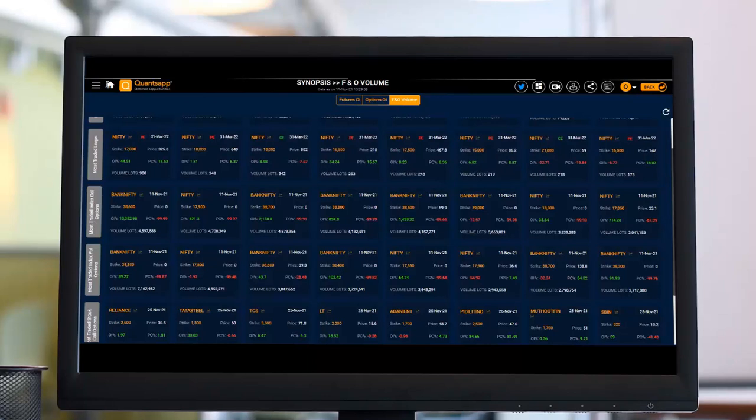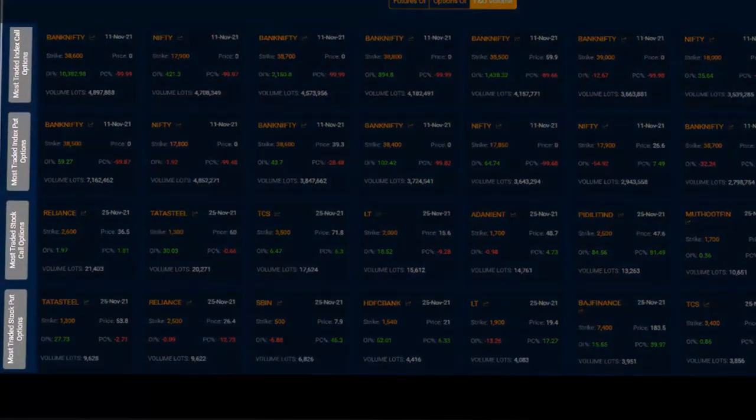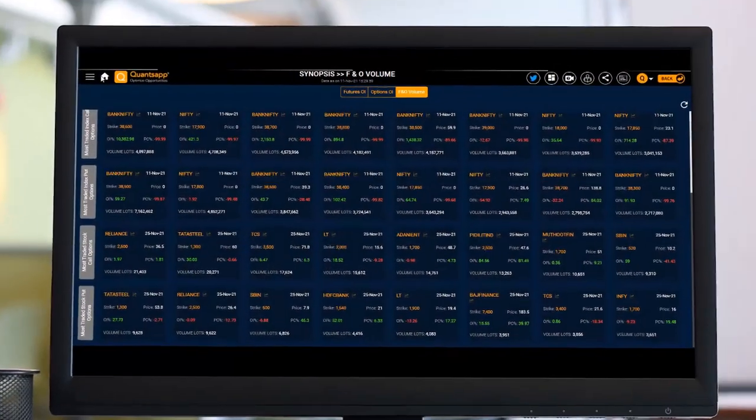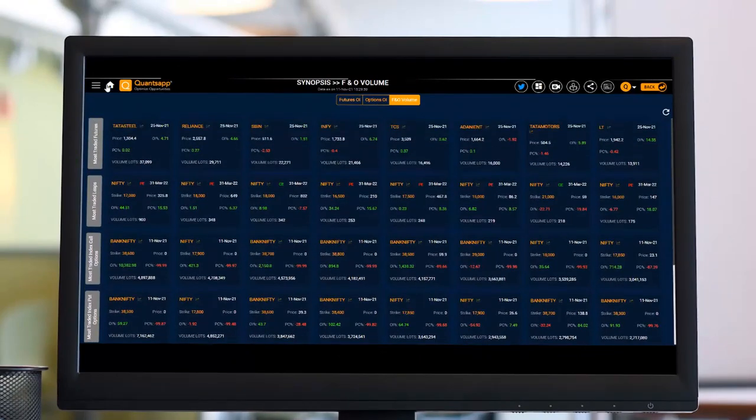So this tool identifies which far off expiries have been traded a lot. We'll get to see most traded index call options, index put options, most traded stock call options and stock put options. So it will show us basically where exactly the volumes are happening the highest.